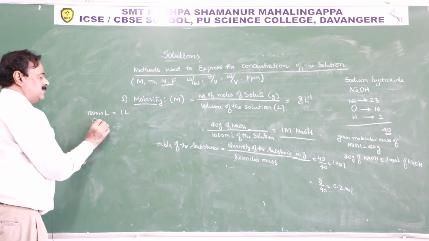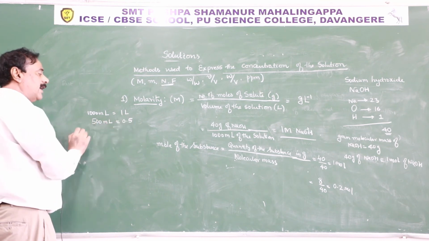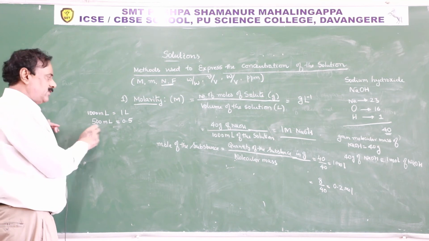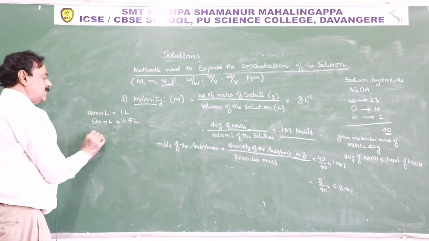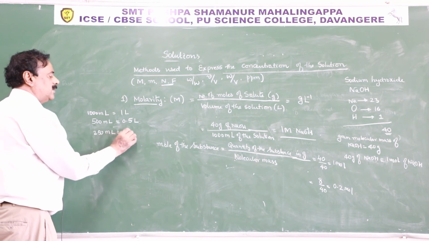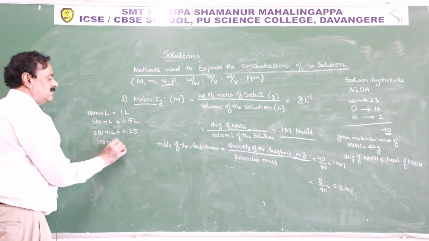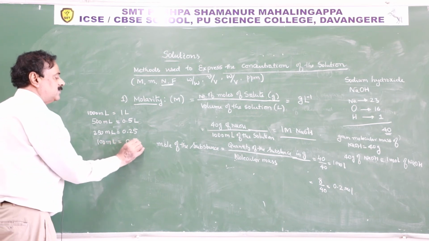If the problem mentions 500 ml, then that is 500 divided by 1000, that is 0.5 liter. If 250 ml is given, then that is 0.25. If 100 ml of the solution is given, then that is 0.1 liter of the solution.